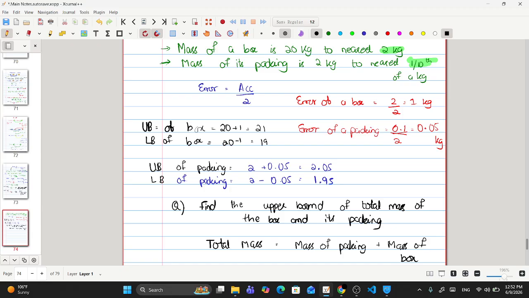So that's the total mass that you need. Now, considering that we want to find the upper bound, here we don't have any division sign, right? Both of them are plus signs. So if we want to find the maximum possible value, which is the upper bound, we'll be taking the upper bounds of each: mass of the packing and mass of the box.